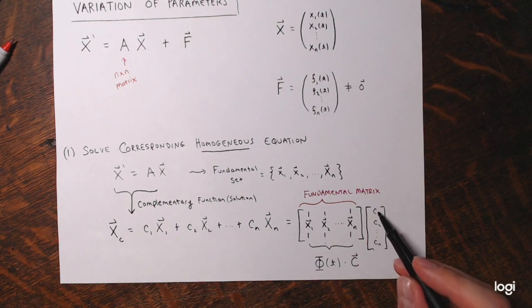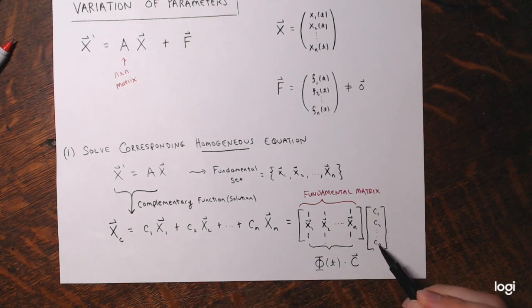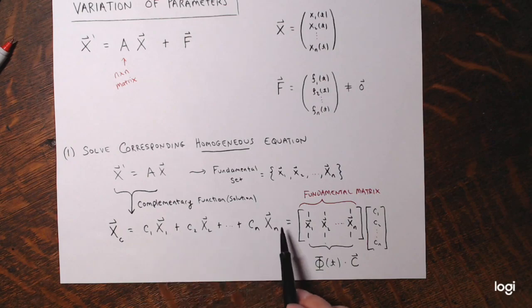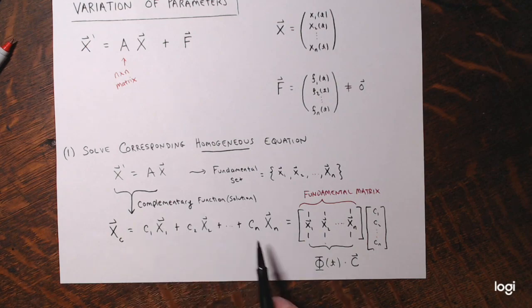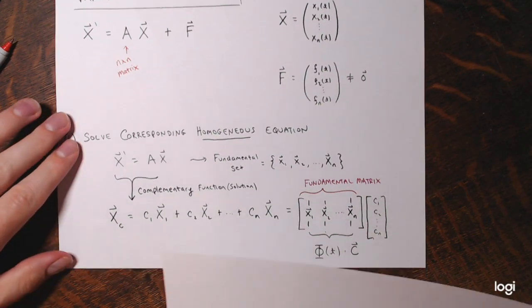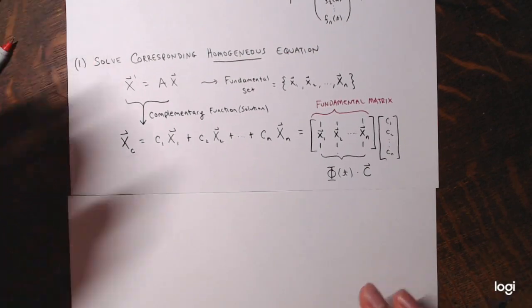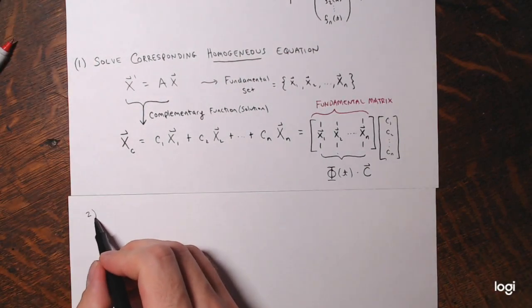Remember, these arbitrary constants are our parameters, things we can choose any value for. So first we find phi of t times constant vector C, the complementary solution, the solution to the corresponding homogeneous system. Great. All right, then comes this variation of parameters.